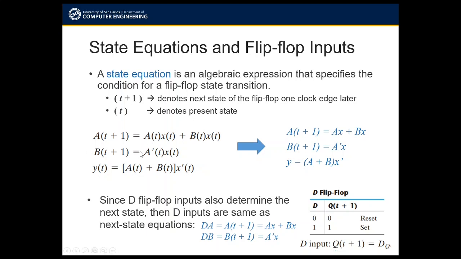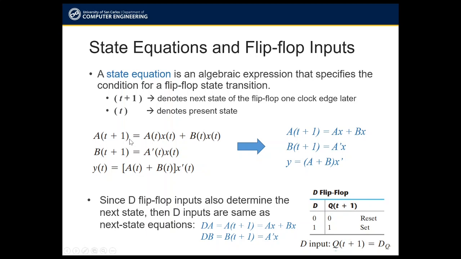A state equation is an algebraic expression that specifies the condition for a flip-flop state transition. Let's define these terms first. t plus 1 means time plus 1, which denotes the next state of the flip-flop one clock edge later. And t means time, or the present state.